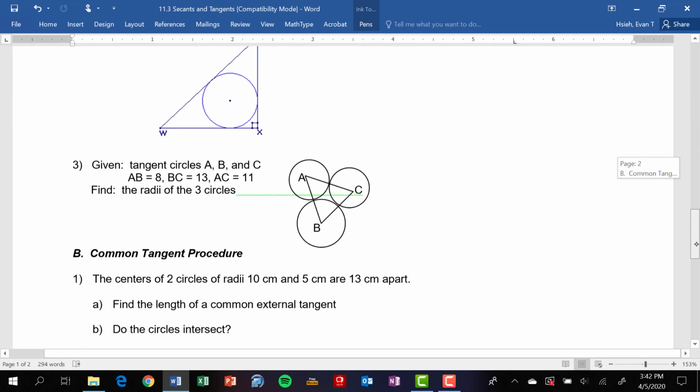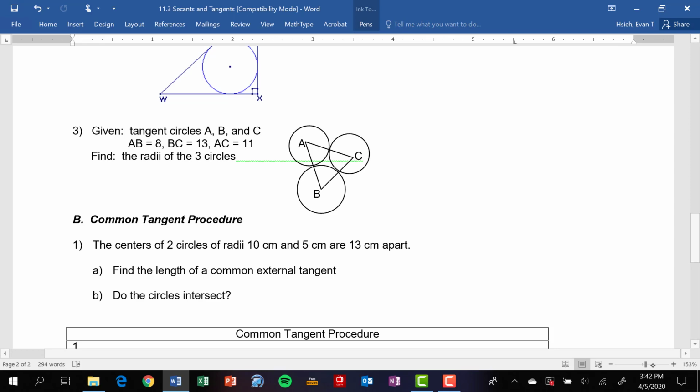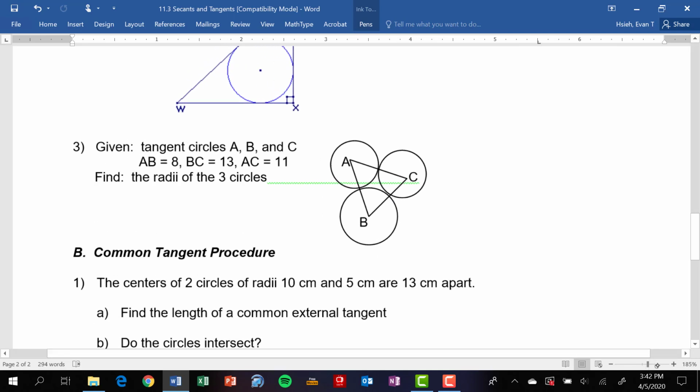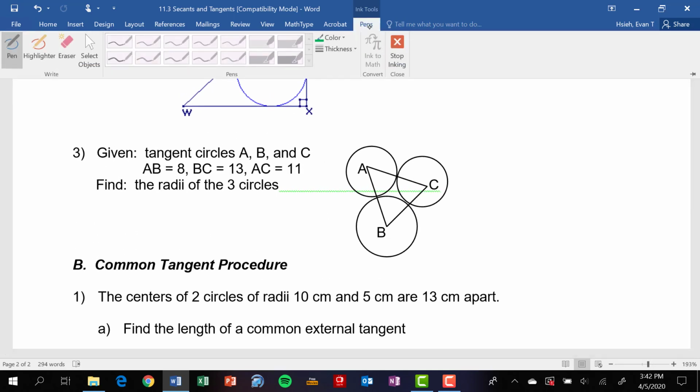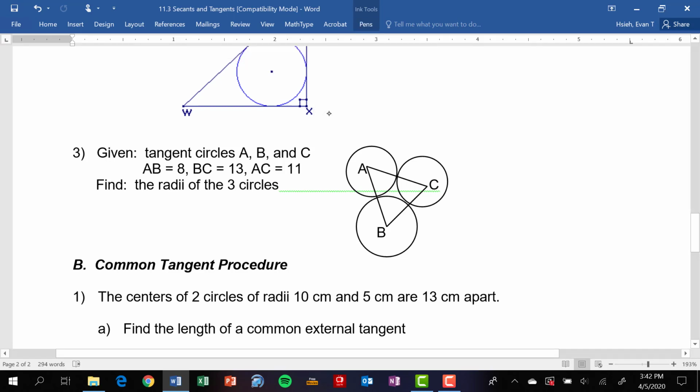I'm going to skip that next one. I'm going to jump to this guy. So problem number 3 here, I'm going to flip the diagram a little bit. And so sometimes you'll see walk-arounds like this, where the circles are all tangent to each other. This side is 8, this side is 13, this side is 11.